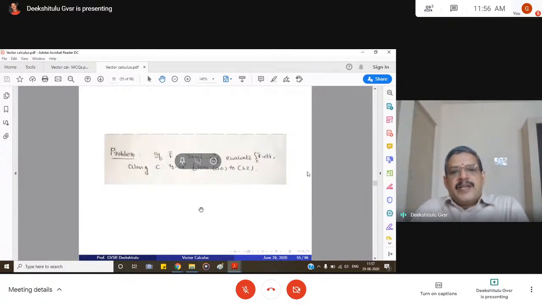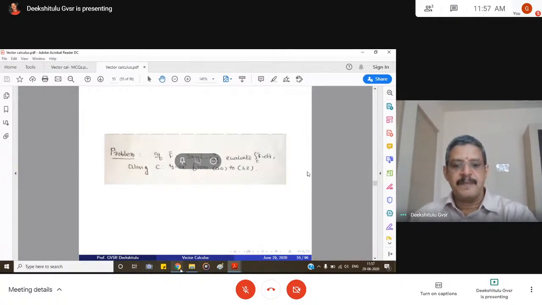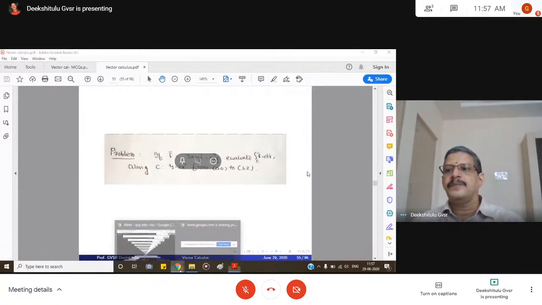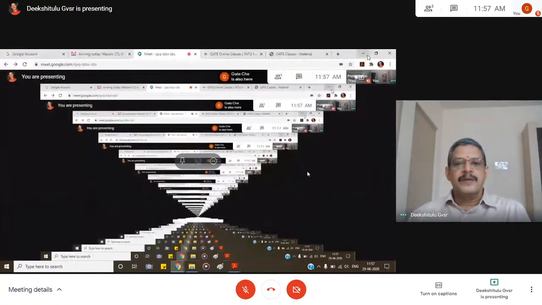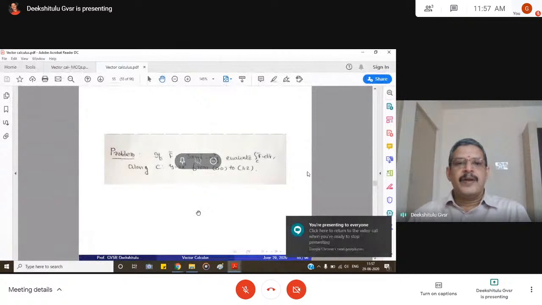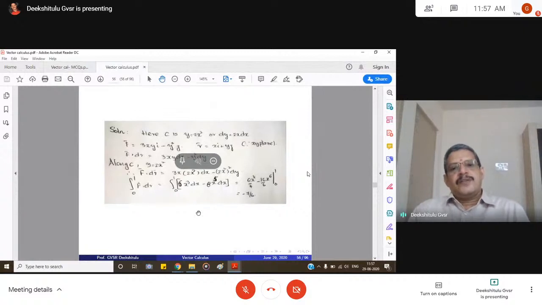Now an example: F bar is equal to 3xy i minus y square j. Evaluate the integral over C of F dot dr, where the curve C is y equal to 2x square from (0,0) to (1,2). Here F is given as 3xy i minus y square j.